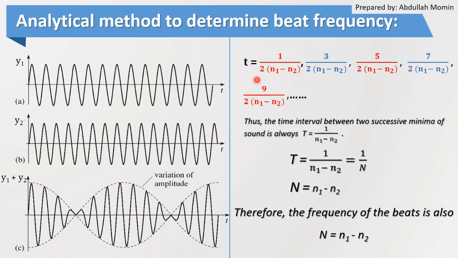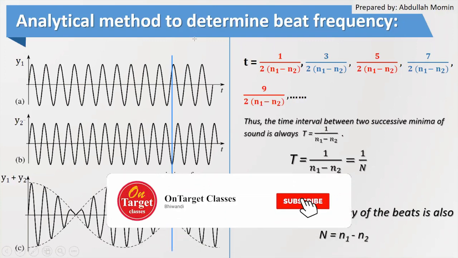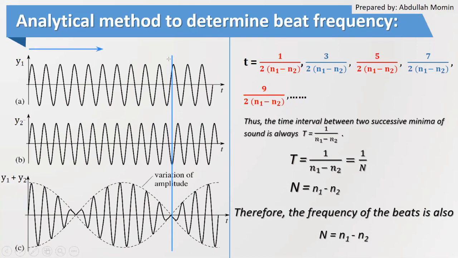suppose this sound takes 2 seconds to reach from the initial point to this point. This is the distance covered by the first wave in 1 second. This is the distance covered by the second wave in 1 second.